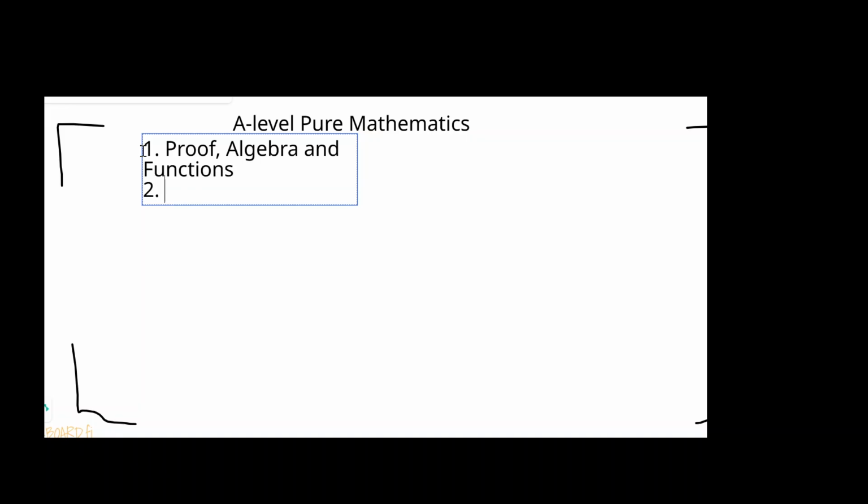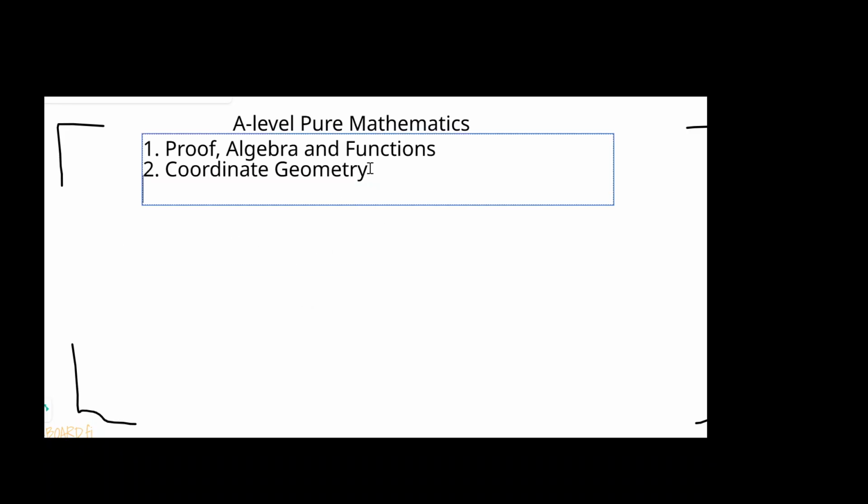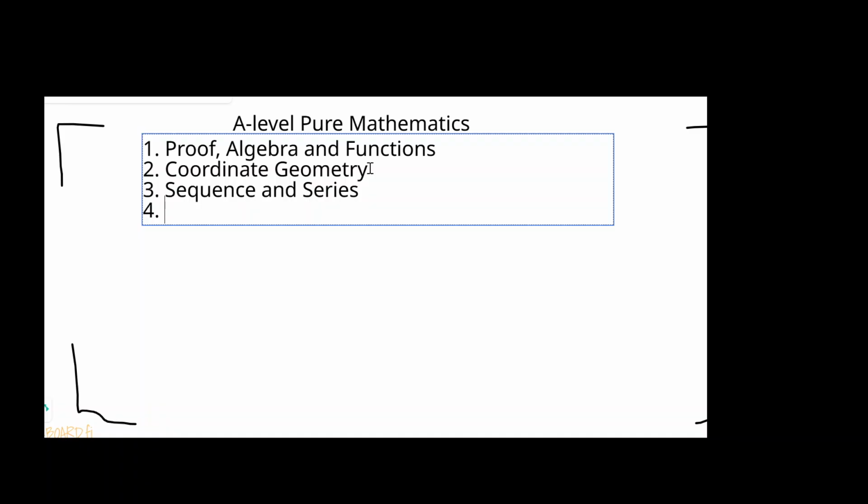And then number two, still under pure mathematics, the topics you would also be looking at are coordinate geometry. For number three, there is sequence and series. These are really interesting topics, to be honest with you. Number four, trigonometry.